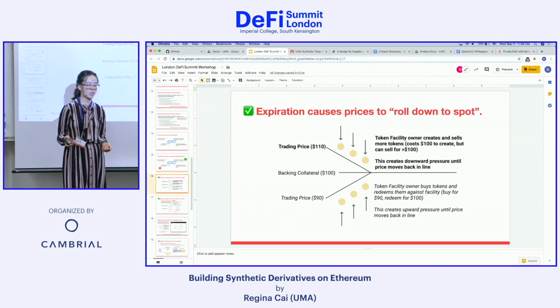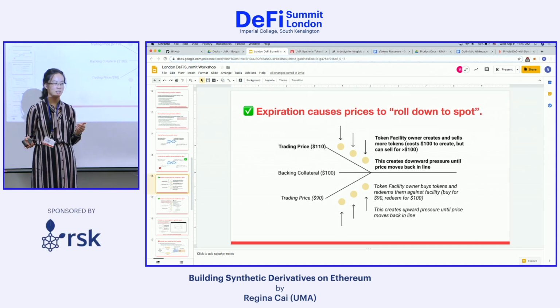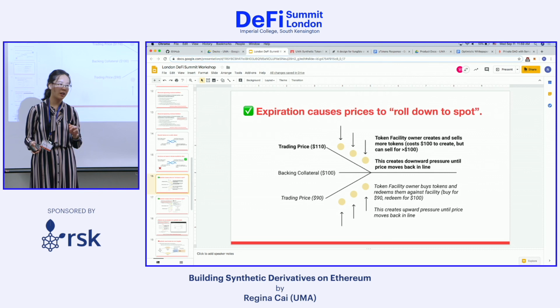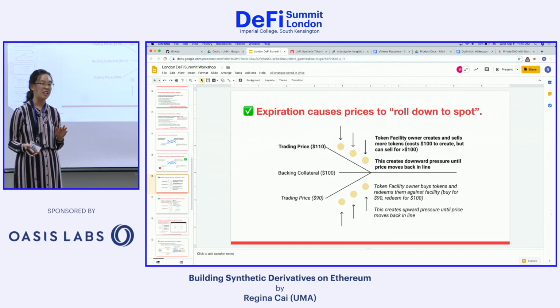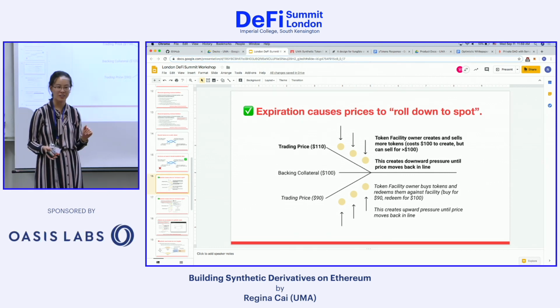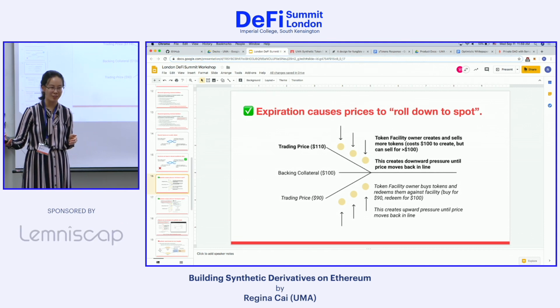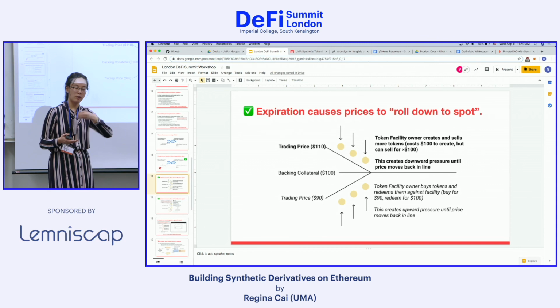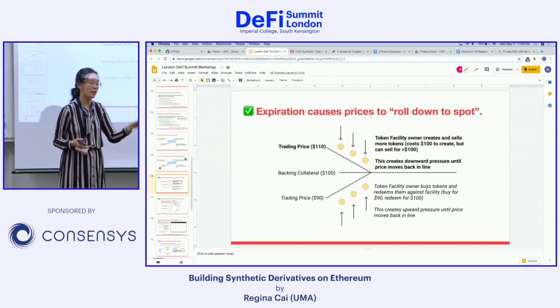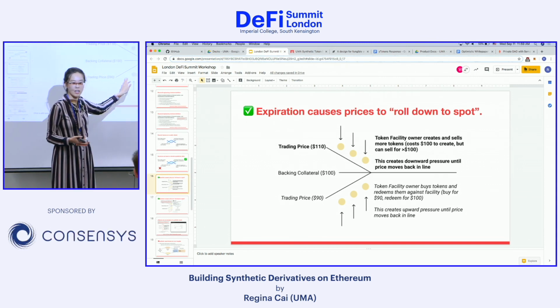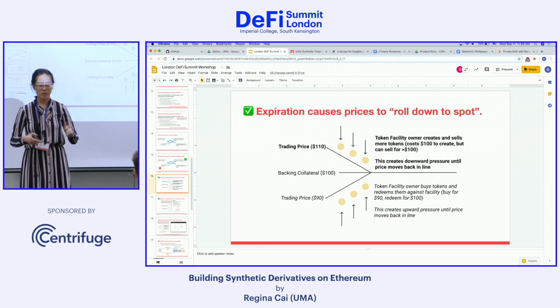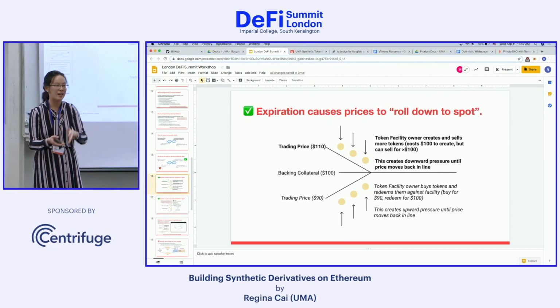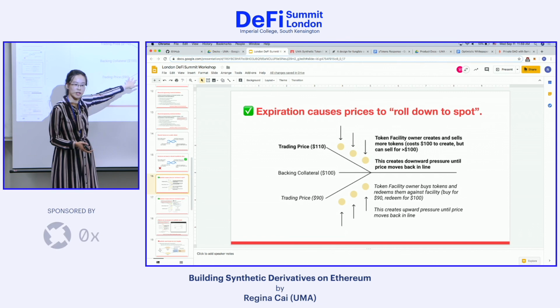Maybe this token facility owner says, my bid is at 80. I'm only going to buy them back for $80. But you know they're going to be able to redeem it for 100, right? And so if you, as a token holder, have no way of redeeming the token yourself for the underlying backing collateral, the price of that token is going to trade wherever the market decides it should trade, and that might not ever reach this amount.